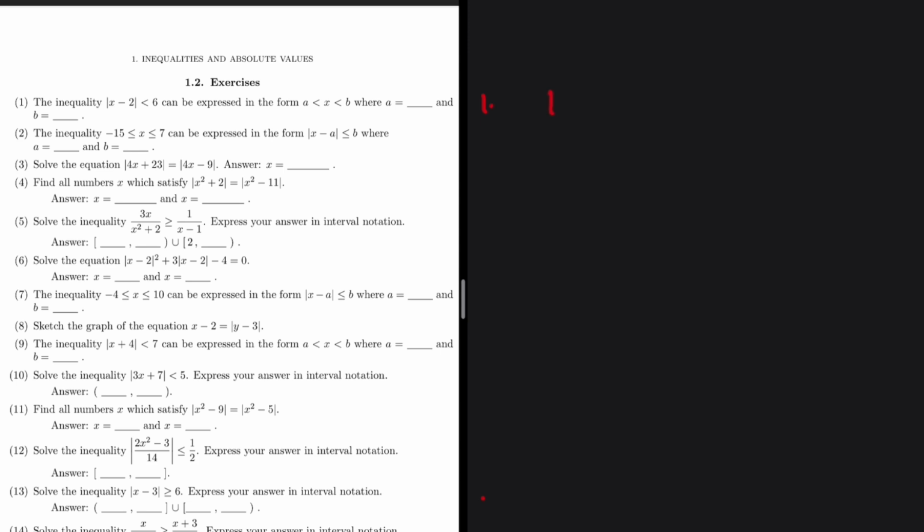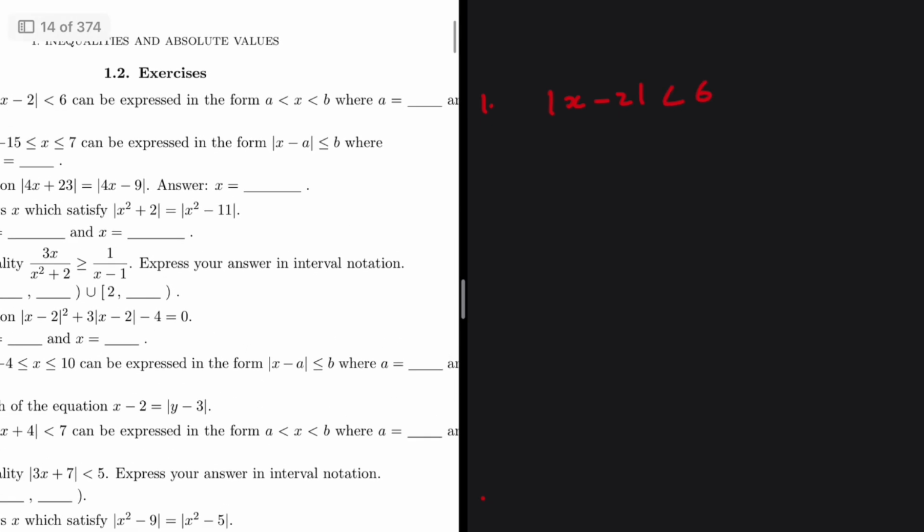We're saying that the absolute value of x minus 2 is less than 6, and that it can be expressed in the form x is between a and b. So we are looking for the values of a and b if we express the absolute value of x minus 2 less than 6 in this form.